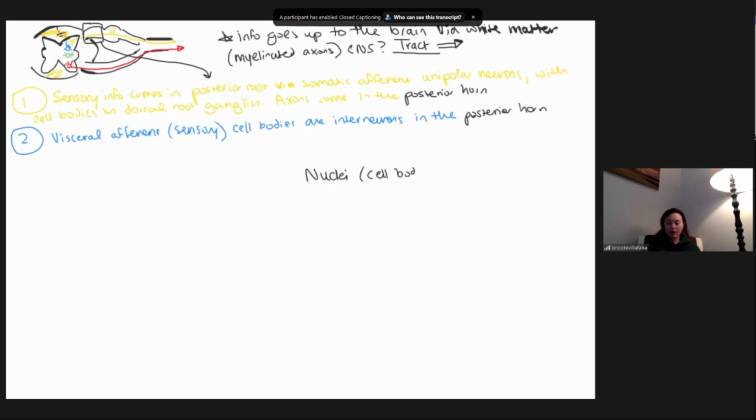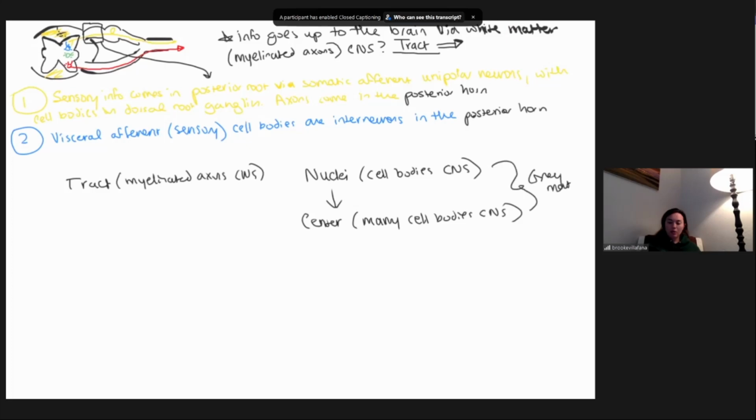I'm just going to do this quick recap because you guys need to know this regardless. Myelinated axons, CNS. When multiple nuclei get together, very good, you were on the right track, that's called a center. Many cell bodies, but we know that this would be gray matter. So when I tell you that white matter carries the information, I'm over here, right? White matter is a tract because it's myelinated axons in the CNS. Multiple tracts get together and they're called a funiculus.